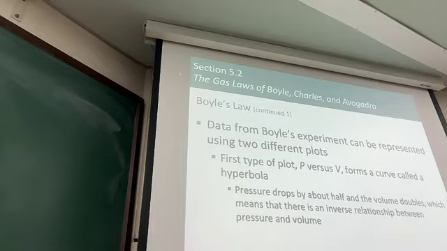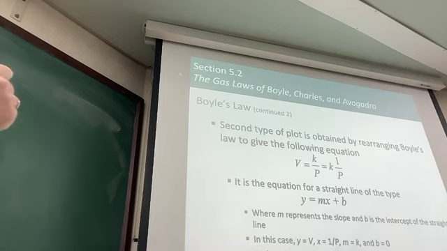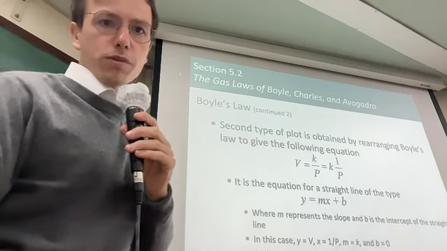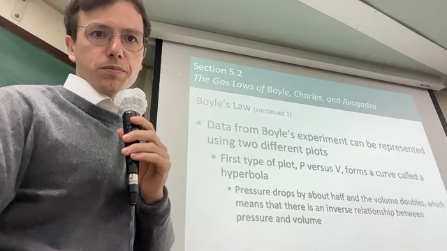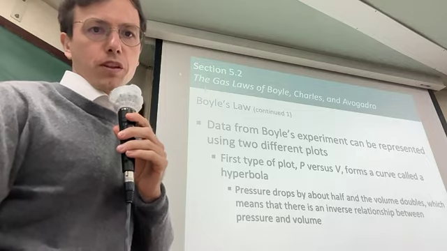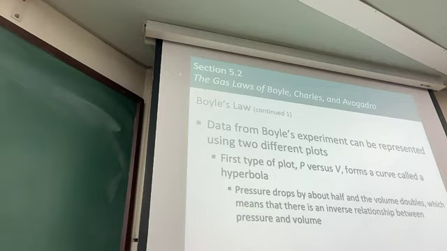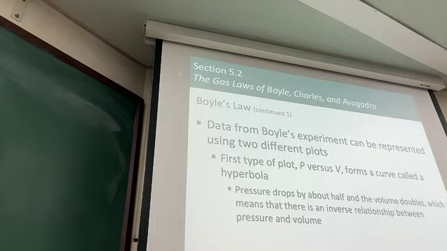And you can represent that result using different ways. So you could plot P versus V. So P times V is a constant K, which means P is K over V, right?